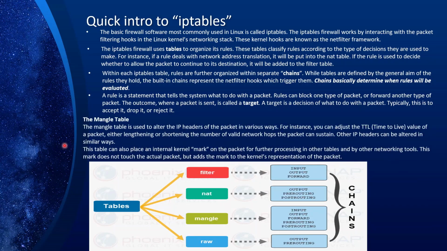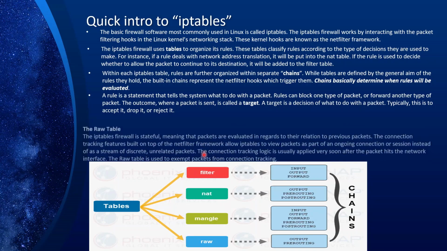The mangle table is used to alter the IP headers of the packet in various ways. For instance, we can adjust the time to live. Each packet has a time to live, or TTL, and that TTL can be adjusted through this table. It also places an internal kernel mark on the packet for further processing. If the packet needs to be further processed, then it is marked in this table.